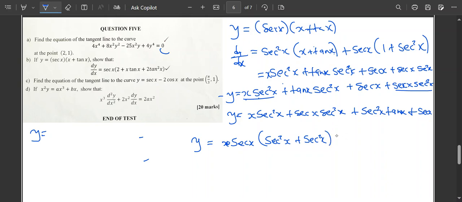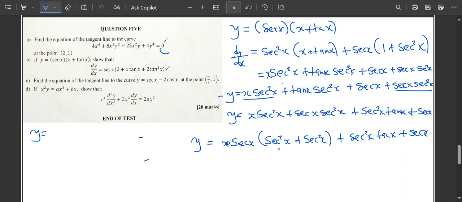Then what I'm going to do here is, I have plus sec squared x, then tan x plus sec x.